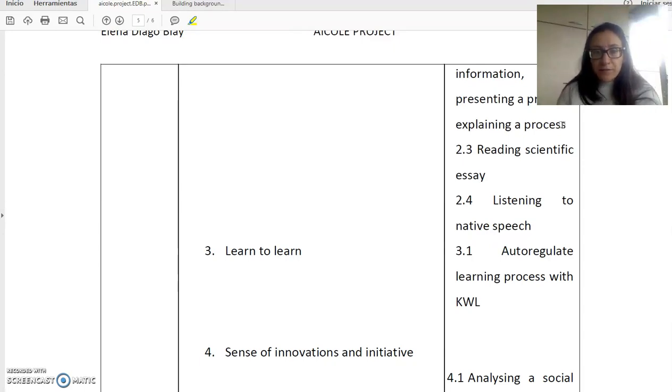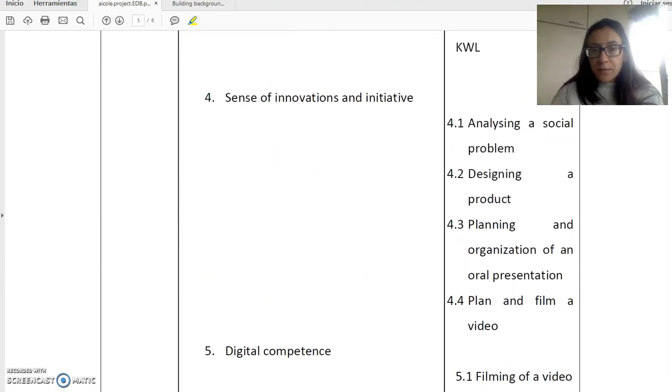They will have to learn, and this is the auto-regulation, which I expect, or will encourage them, to apply through the KWL chart. They will develop the sense of innovation and initiative, and this is basically related to activity 6, where they have to analyze a social problem or an environmental problem, design a product, and plan and organize a presentation, and the same for filming a video.